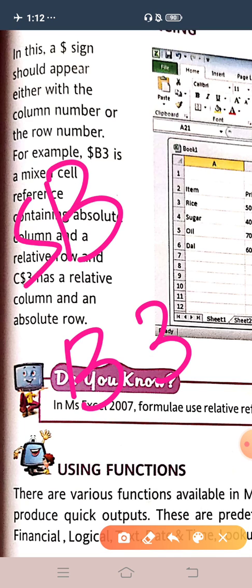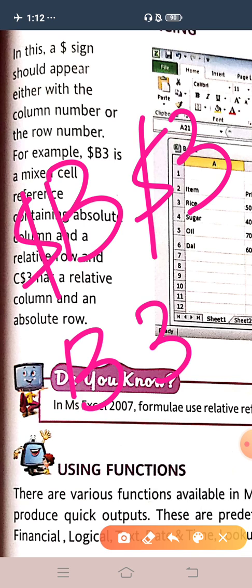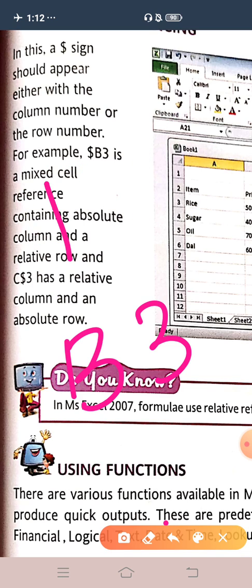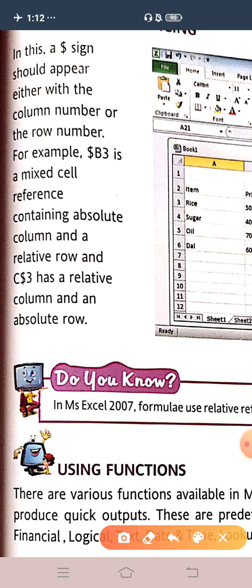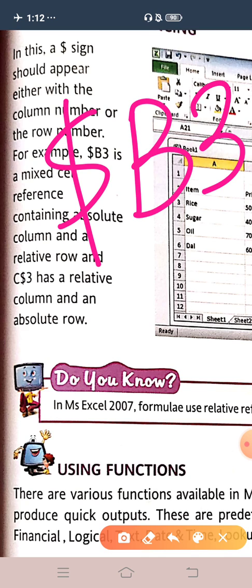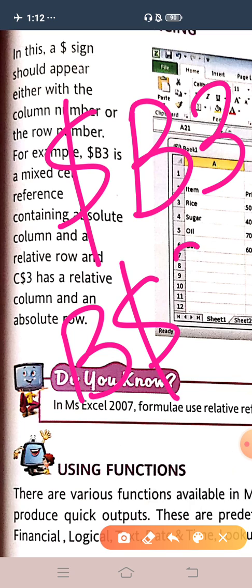This is an example of absolute referencing. But in mixed referencing we always use it once. Like, we have used it with B. It means the B part, the column, will remain fixed, unchanged. You can use it with the column or with the row also. This is an example of mixed referencing. We will use it only once.